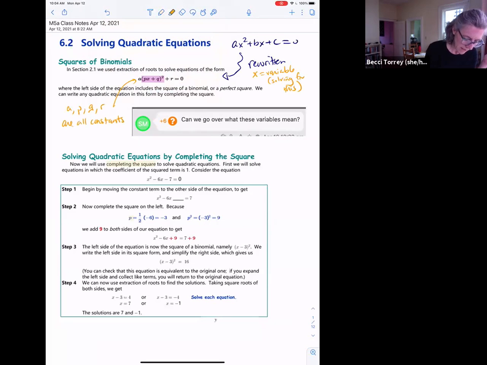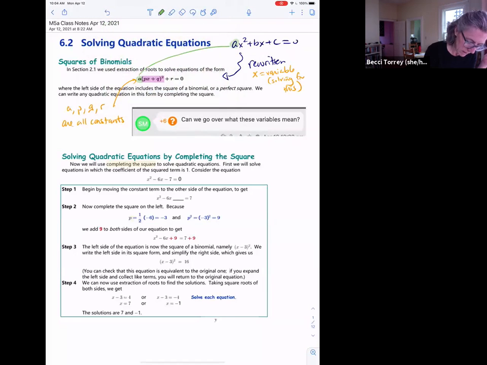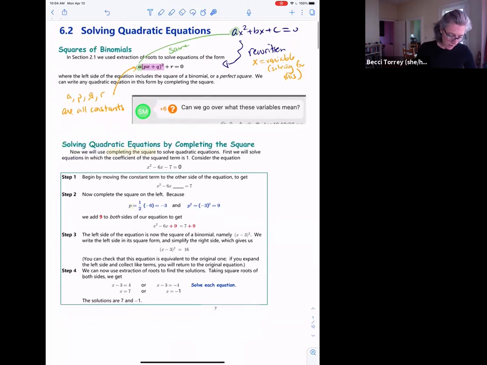The a is the same a, so this a is the same a as over here. The p, the q, and the r are different constants, but they basically come from the b and the c. So you rewrite it.